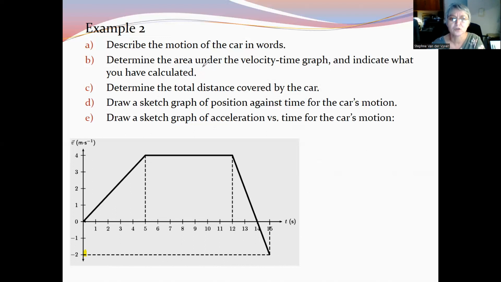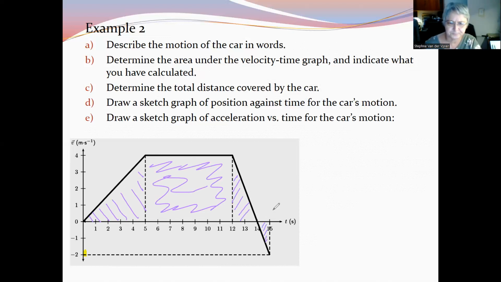Question B says, determine the area under the velocity time graph and indicate what you have calculated. So if we calculate the area under the graph, this graph has a few areas. It's got the area under this triangle, it's got the area under this rectangle, and it's got the area under this triangle, and it's got this area here.